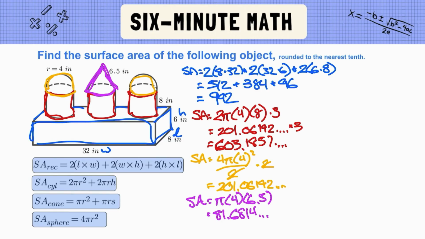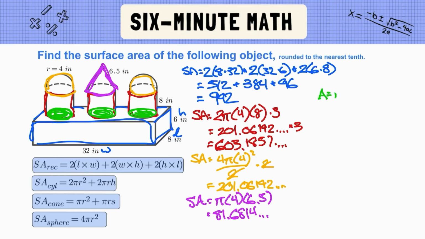And then I have one more thing I need to figure out for this composite object, which is I have figured out the entire rectangular prism, but I haven't accounted for where these cylinders connect. So we need to subtract 3 circles from that rectangular prism.